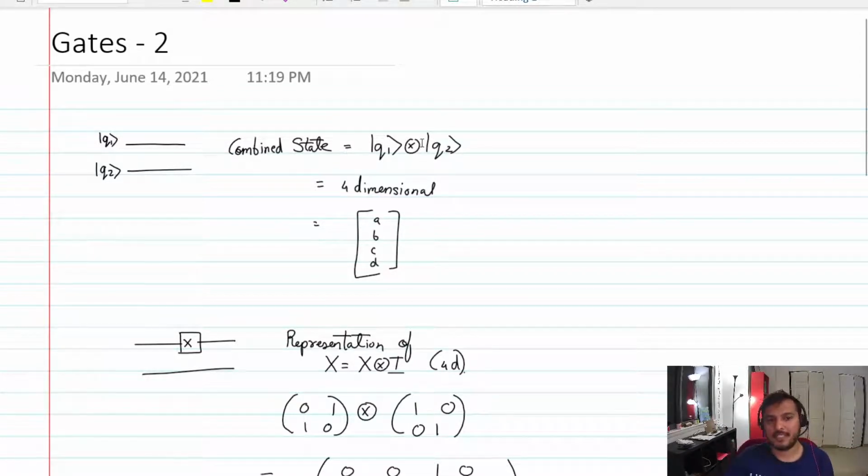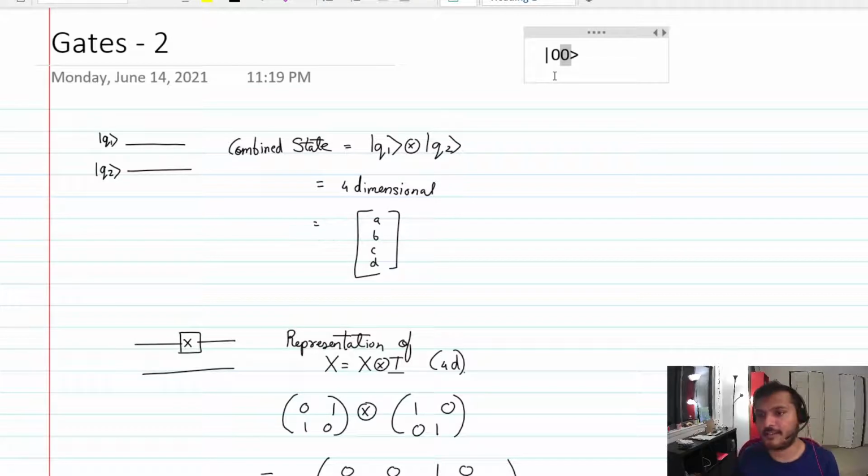And it's an outer product. So that's why in the representations that I discussed previously, I had something like 00, where this meant the first qubit and this meant the second qubit.